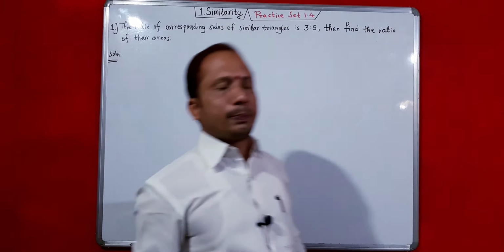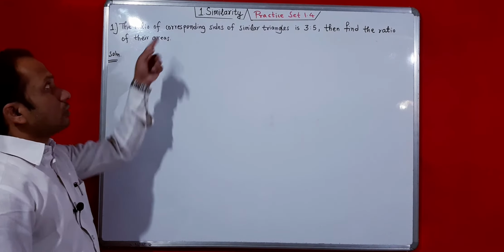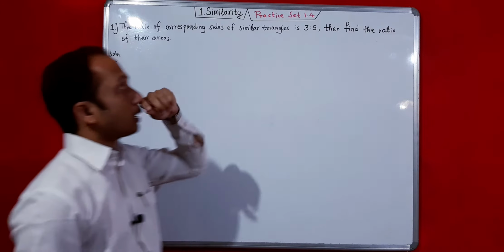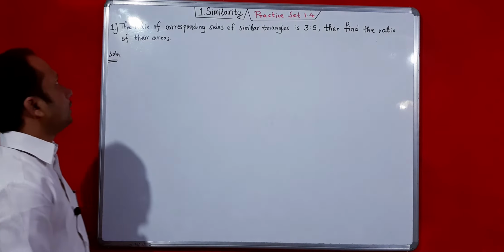We will solve practice set 1.4. The first problem: the ratio of the corresponding sides of similar triangles is 3 upon 5, then find the ratio of their areas.